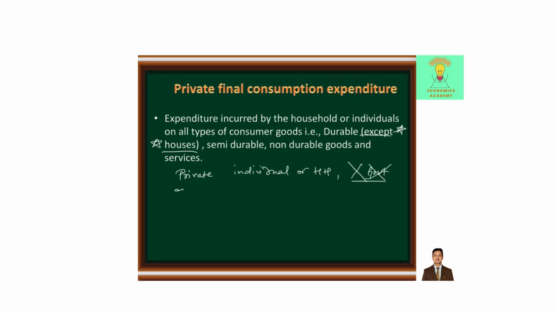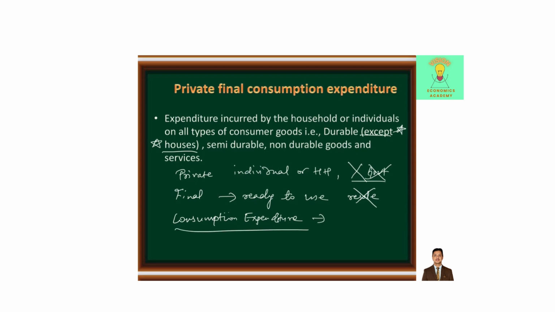Now, final means goods and services that are ready to use, like food, clothes, mobile phones, etc. It's not for resale, right? Then consumption expenditure. See, we can break down each of these words and find the meaning of it. Consumption expenditure means the money that is spent.